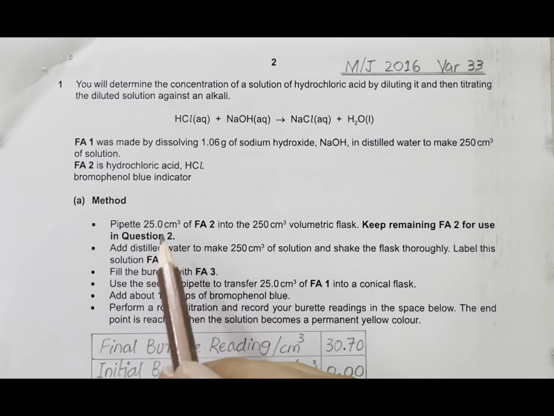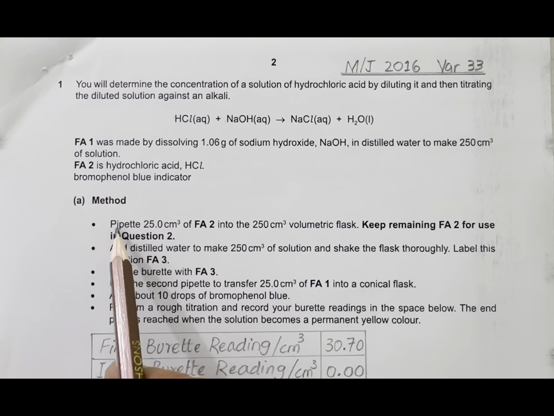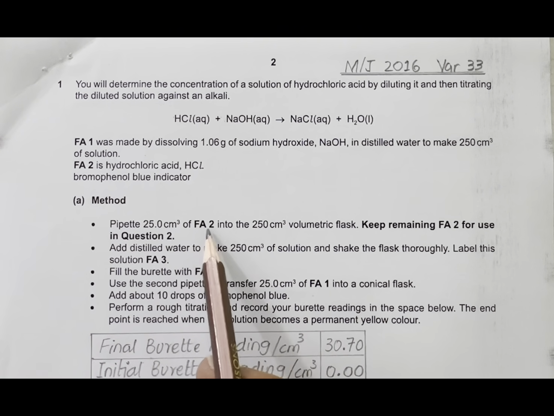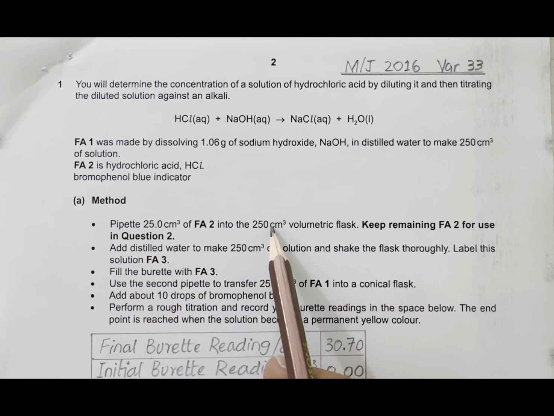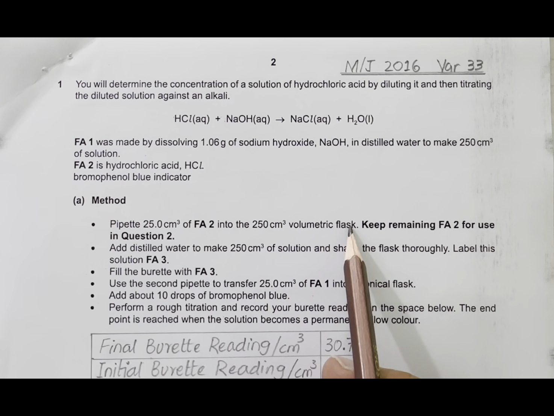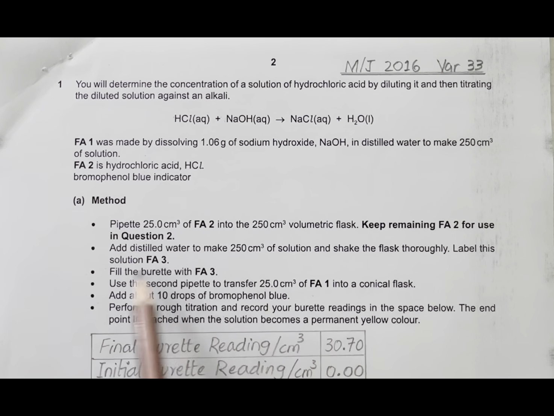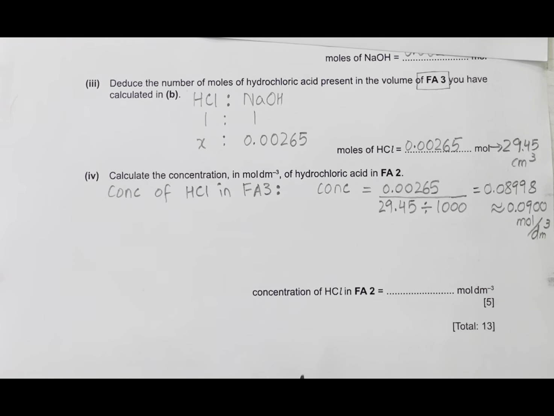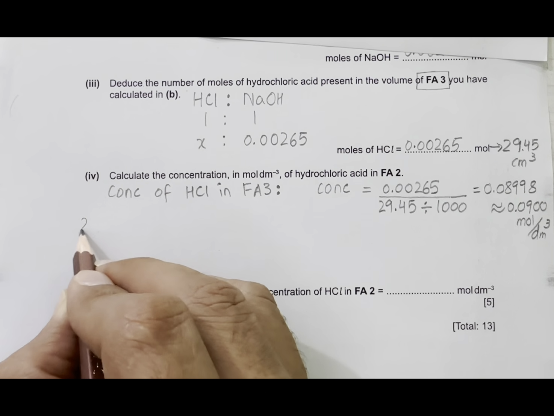Now, what is the original concentration? Just have a look here. Pipette 25 of Fa2 to a 250 cm³ volumetric flask, and after making the solution with water, the solution was labeled as Fa3. So from here we can see that our Fa2 was taken as 25 cm³.